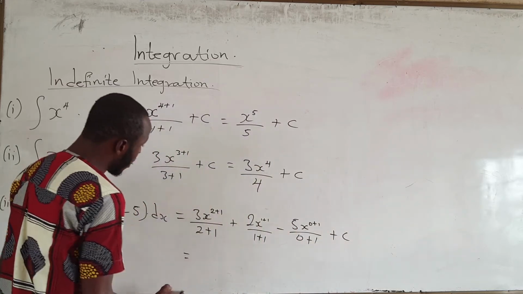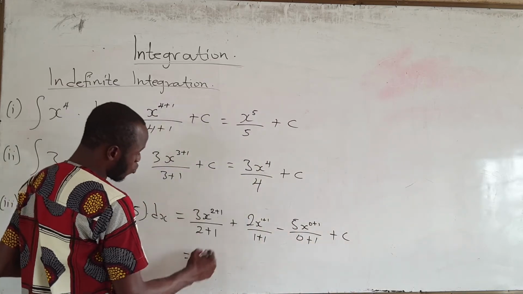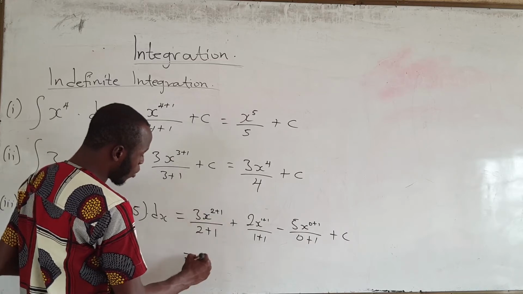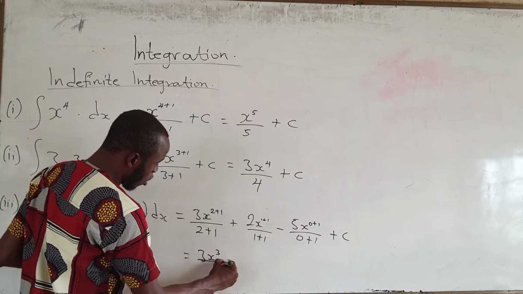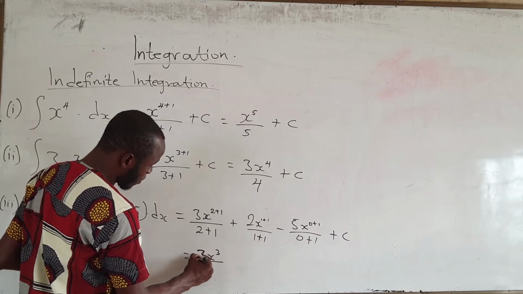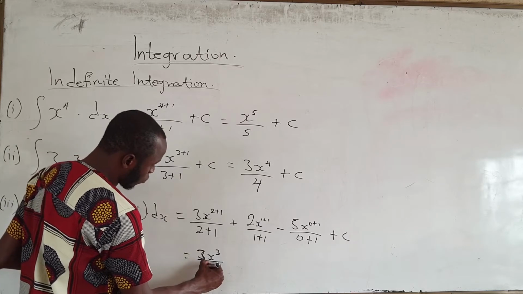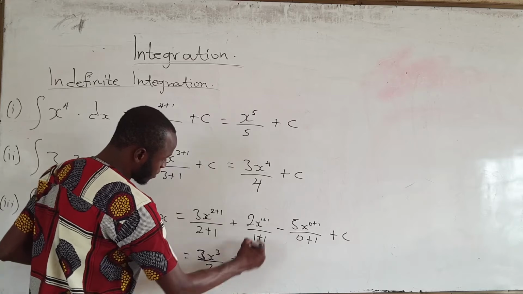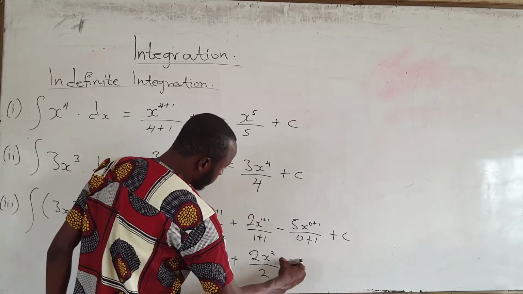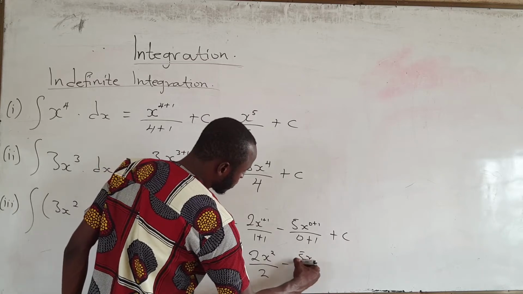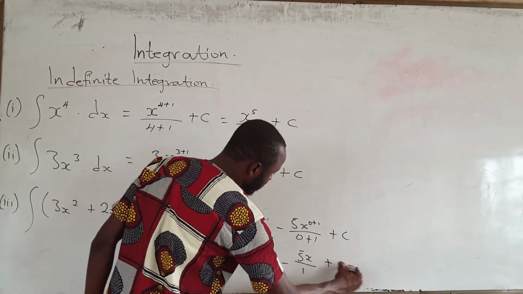Okay, so from here we have 3x to the power what? To the power 2 plus 1. So we have 3x to the power 3 all over 2 plus 1, that is 3, plus here too we have 2x to the power 2 over 2, minus 5x over 1, plus c.